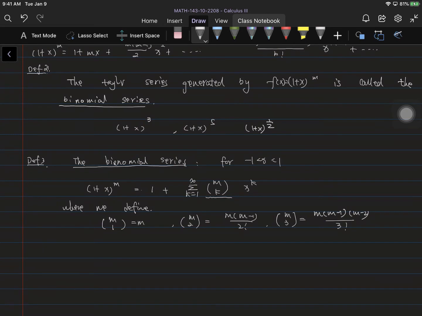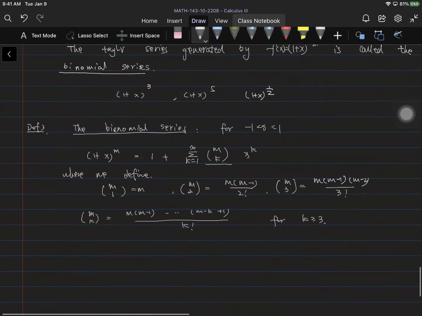So these are actually the coefficients in front of x to the power k in the series. So the general m choose k is m times (m minus 1) through (m minus k plus 1) over k factorial, for k greater than or equal to 3.